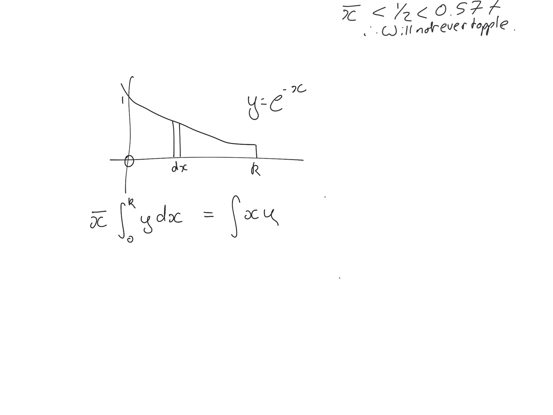So x, y dx times a constant, but we don't worry about that. The integral between 0 and k. So x bar equals the integral 0 to k e to the minus x dx, integral 0 to k x e to the minus x dx.